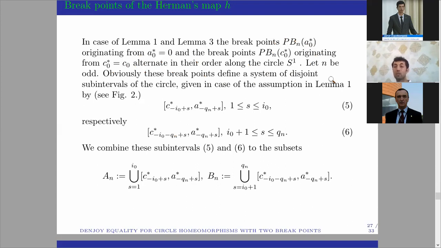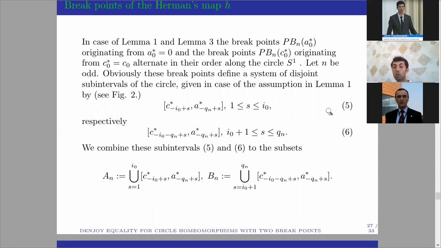And just for simplicity, let's assume that n is an odd number. Then these breakpoints define a system of disjoint intervals, which are given by formulas 5 and 6.